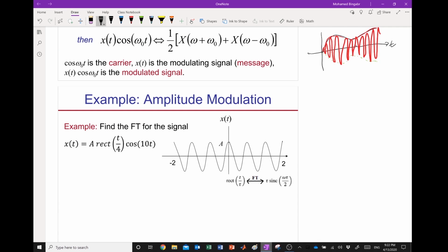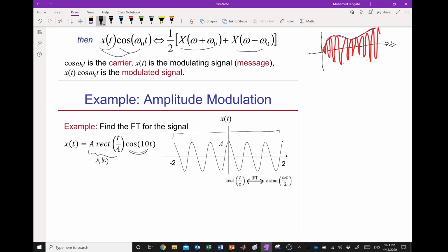Let us take an example of amplitude modulation. So let's say you have this signal: a rectangular pulse of width 4 with amplitude A, multiplied by a cosine with frequency 10. And we need to know what's the Fourier transform of this signal. Well, we can think of it in terms of amplitude modulation. We can think of this as x of t modulated by cosine.